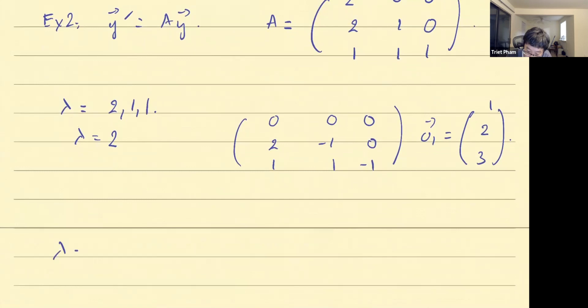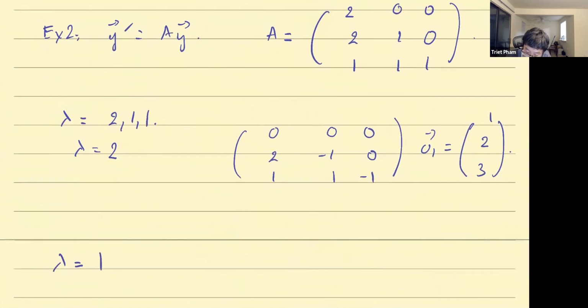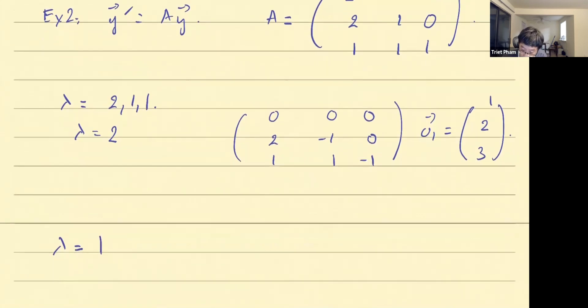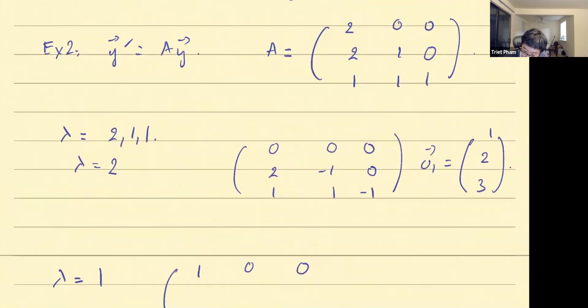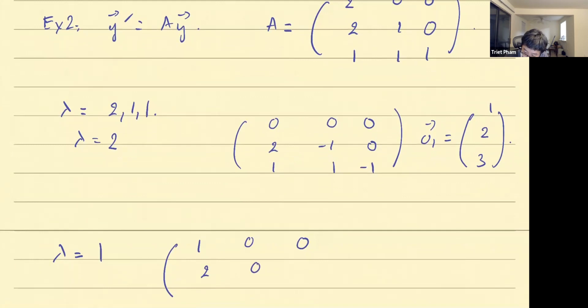Now, when lambda equals 1, what is it? It'll be (1, 0, 0; 2, 0, 0; 1, 1, 0). How many eigenvectors do I have here?